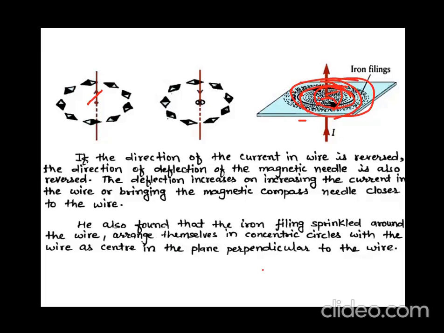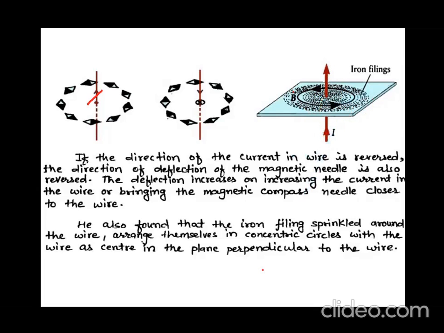On reversing the direction of the current, say to the downward direction, the iron filings again arranged themselves in concentric circles, but this time the direction was reversed from the previous one. If initially the direction was anti-clockwise, now it changed to clockwise.